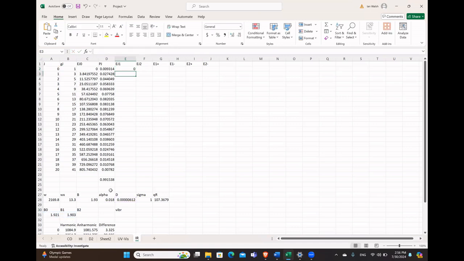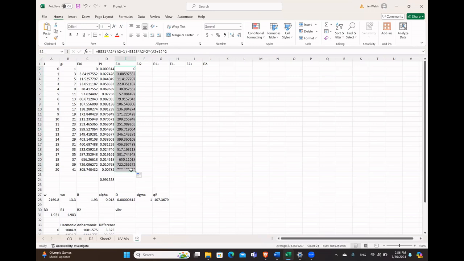And that's the only difference here. And these energies are going to be basically the same, although they will be slightly different. So again, you can see 3.84, 3.880, and then at the end we have 729 and 722. So they're very similar. They are slightly different. This gives important and meaningful differences to our spectra.